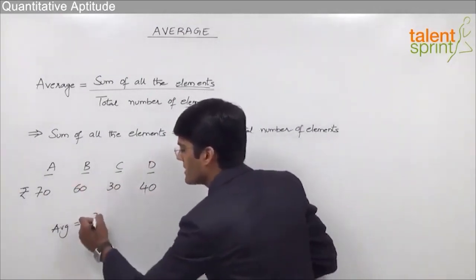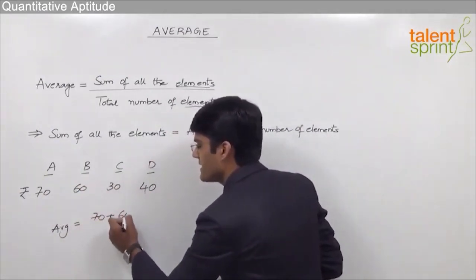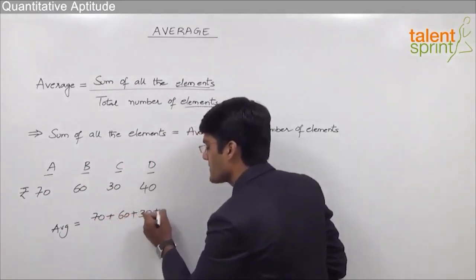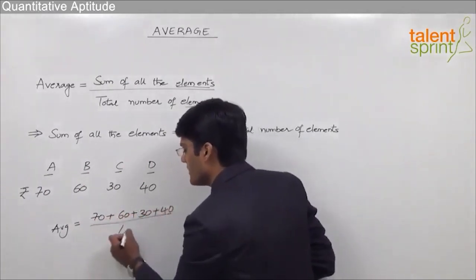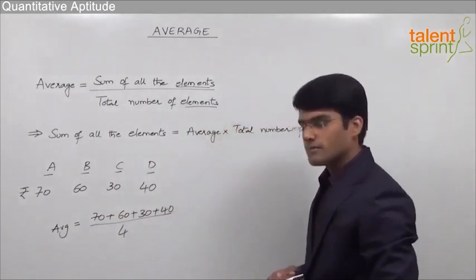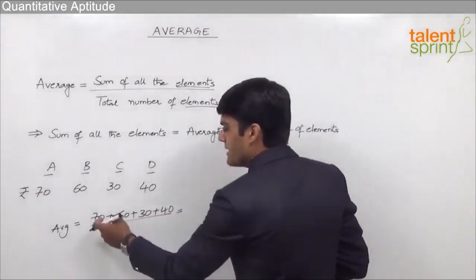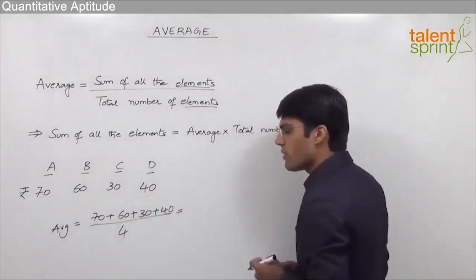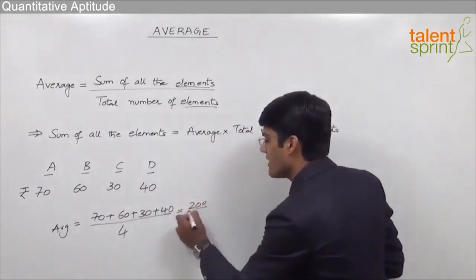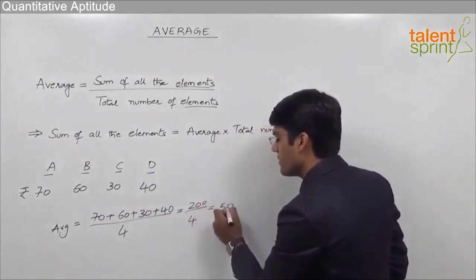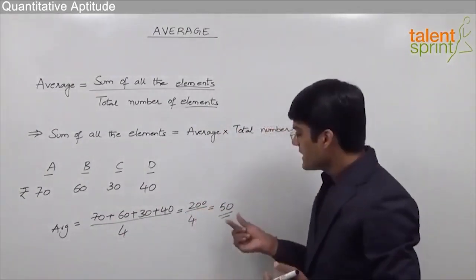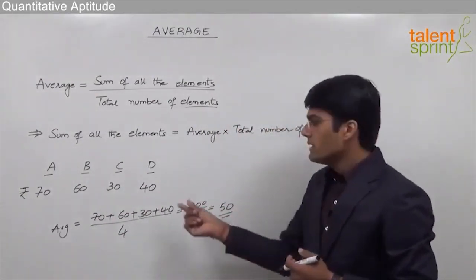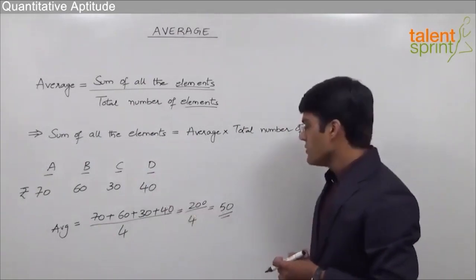So the sum of all the elements will be 70 plus 60 plus 30 plus 40, divided by the number of elements, which is 4. Now by simplifying this, we get 70 plus 60 is 130, plus 30 is 160, plus 40 is 200. So 200 divided by 4 will be equal to 50. So we can say that the average amount with each of these 4 persons will be rupees 50.